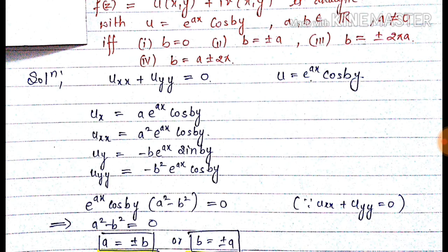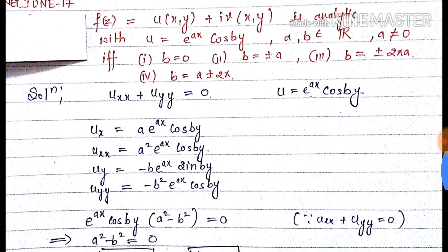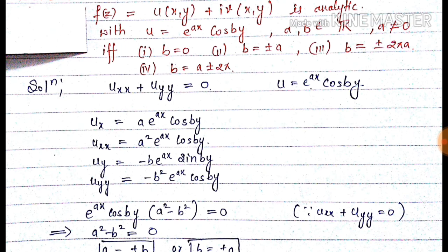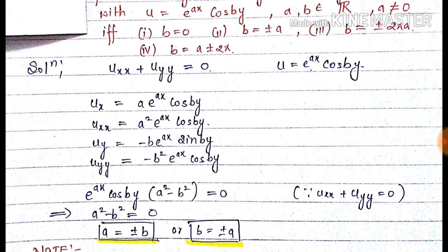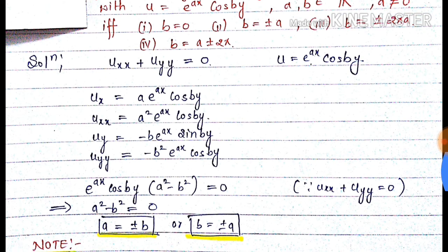So here the solution is like this. Here u, the real part of the function, is given. We have to find the relation between a and b from the options. So the solution is uxx plus uyy equals 0. u = e to the power ax cos by.